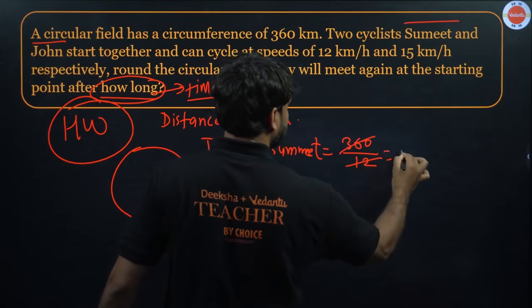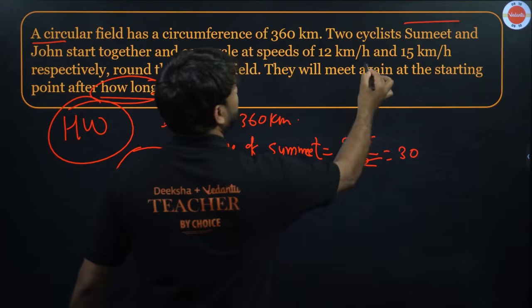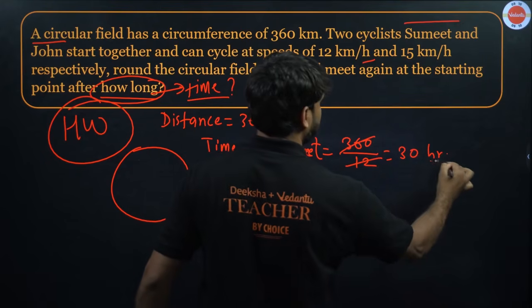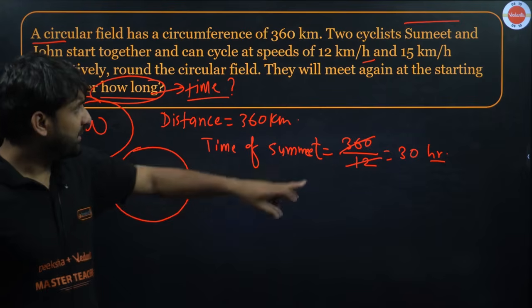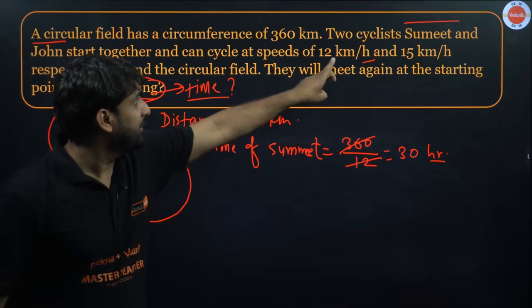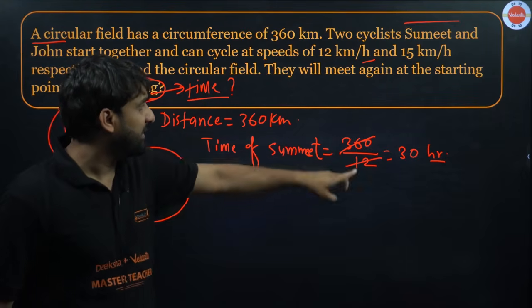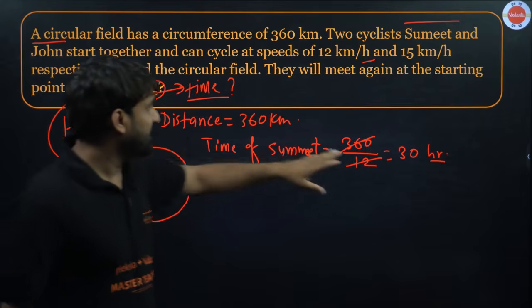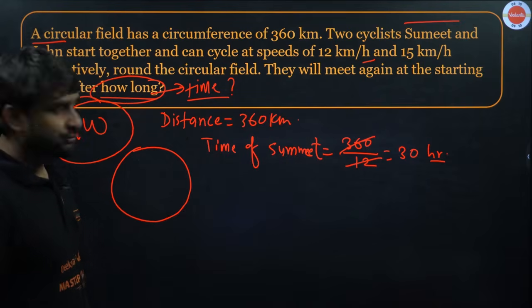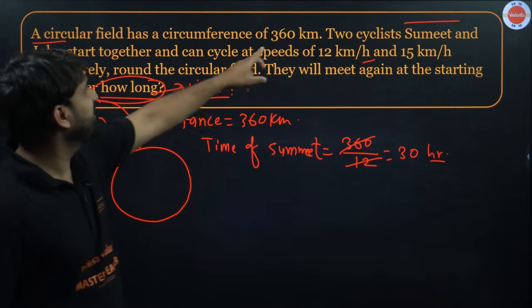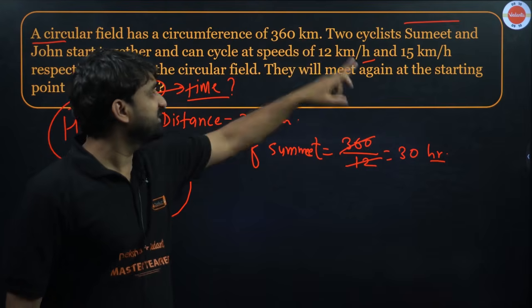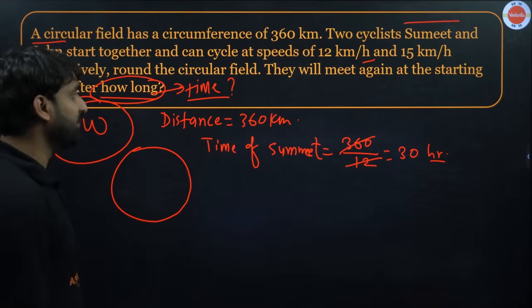So it cancels, and this is 30, and this is in hours. The distance is in kilometer and the speed is given in km per hour, so we can write 30 hours. So Sumit takes 30 hours to cover this 360 km with this speed.